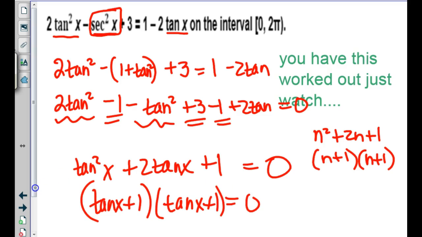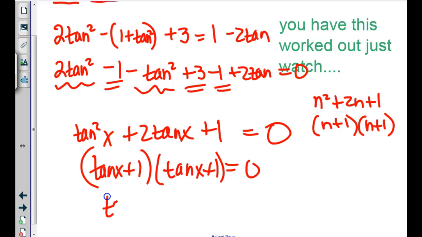What's the only thing the tangent can equal? -1. Where is the tangent -1? Tangent is so tricky because it's not on our unit circle. But what are we looking for where the tangent can equal -1? Where the y and x are the same but opposite signs, right? Where is it?